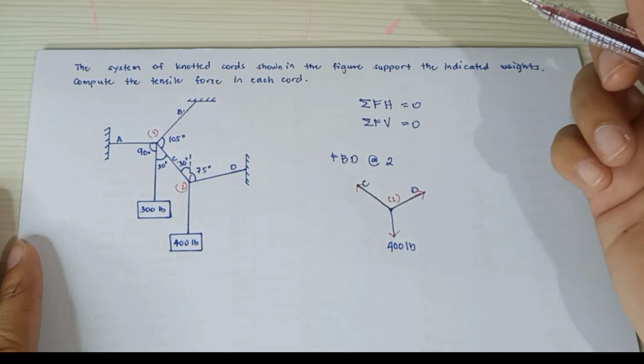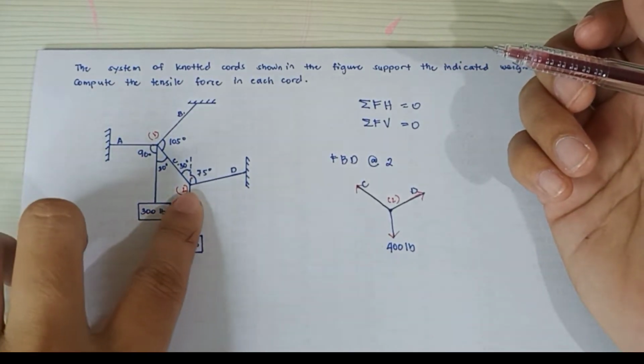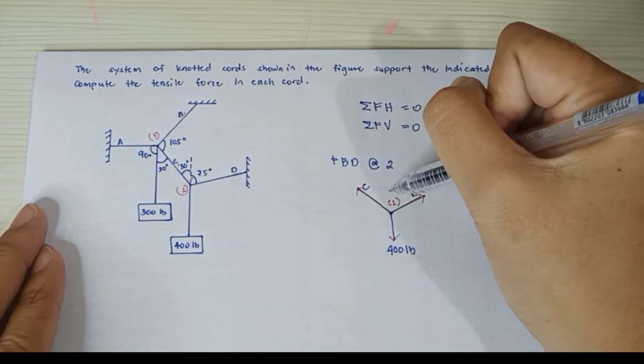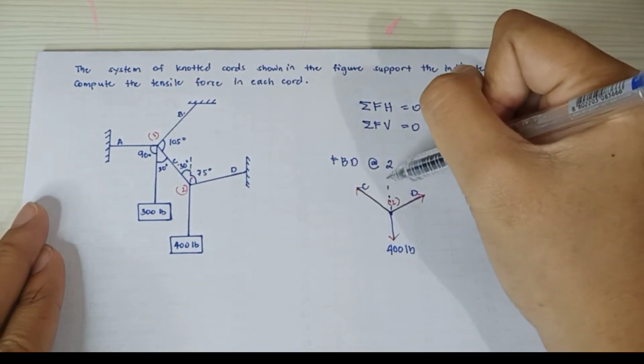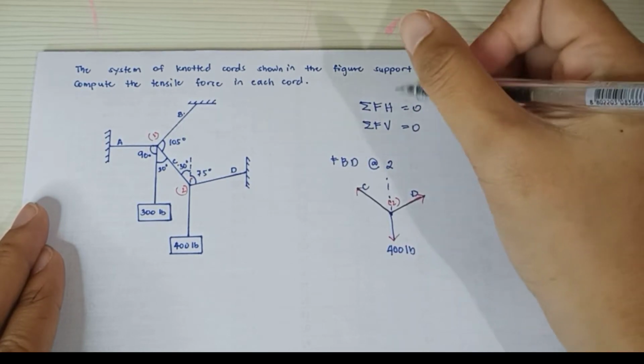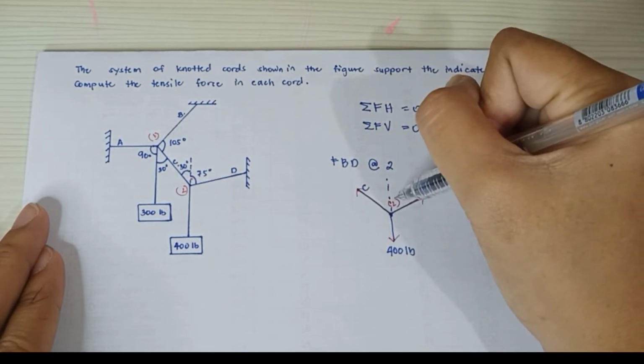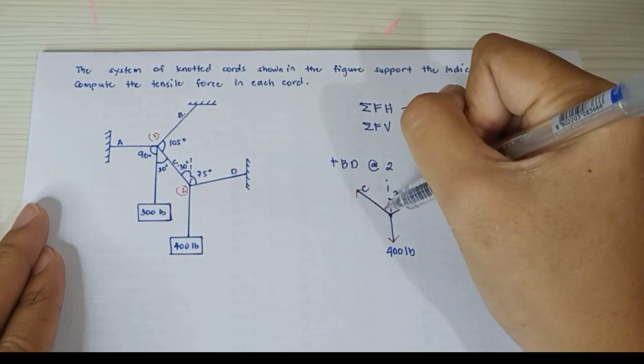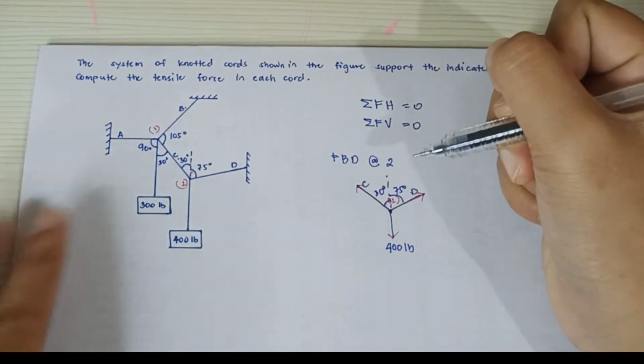So, ito yung magiging free body diagram natin for knot 2. Ngayon naman, kailangan nating ilagay yung mga angles. So, assuming that this is the y-axis, meron tayo ditong 75 degrees and then sa kabila ay 30 degrees from the given.